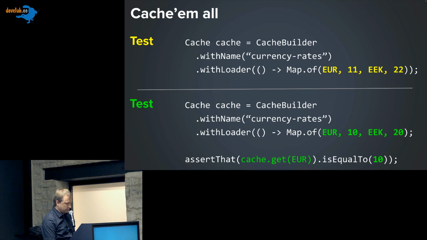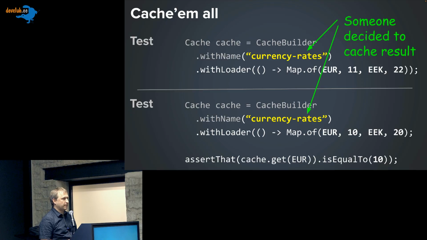But the problem is that at some moment someone decided to cache the result of this method. So when the first test called the cache builder, it created a cache and cached it. And when another test called the cache builder, it got the cached cache.